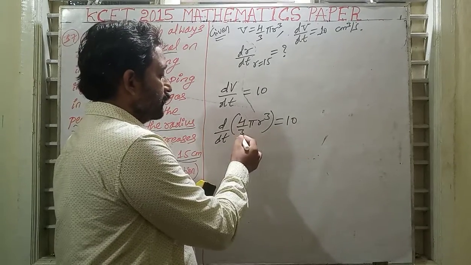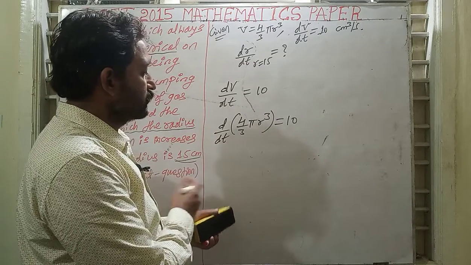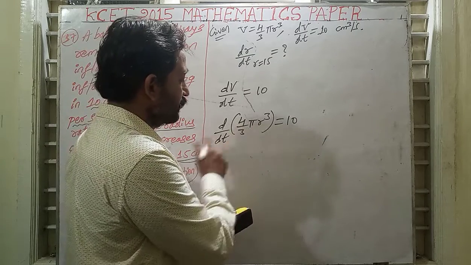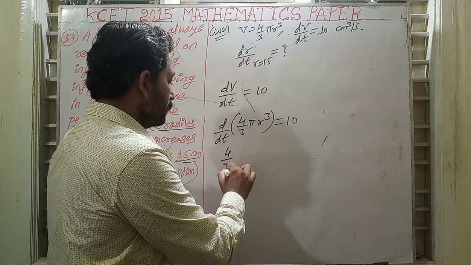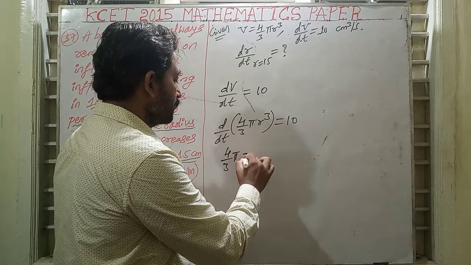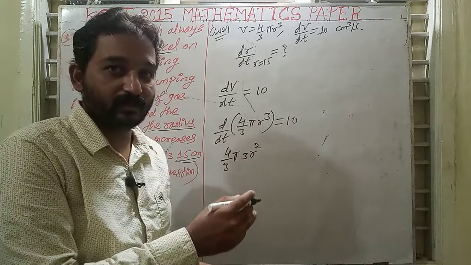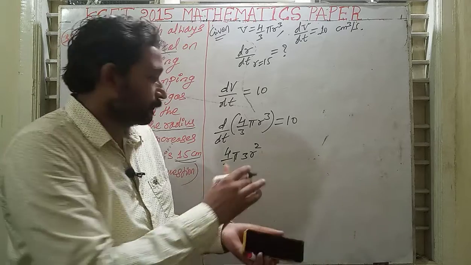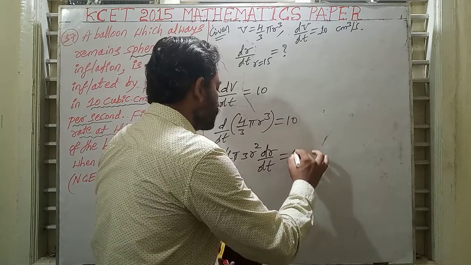Here 4 by 3 and pi are constants, so take them outside using the rules of differentiation, and differentiate r cubed using the chain rule. 4 by 3 pi times 3r squared, and then differentiate r once again using the chain rule with respect to t, which is dr by dt. dr by dt equal to 10 as it is.